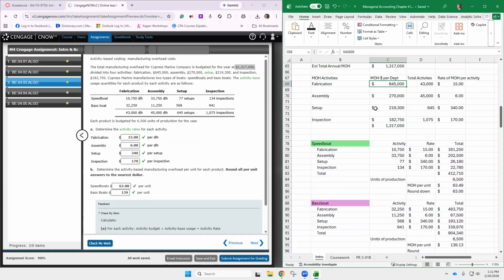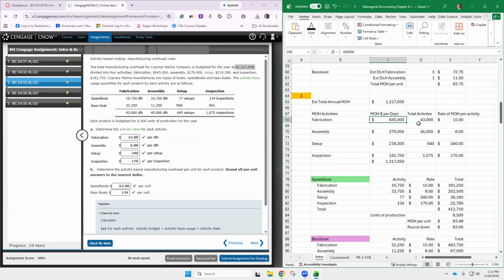If you take the total cost divided by the total amount of direct labor hours under fabrication, you get $15 an hour. Same with assembly. If you have 230,000 in overhead and 45,000 direct labor hours, you get a rate of $6 per direct labor hour.